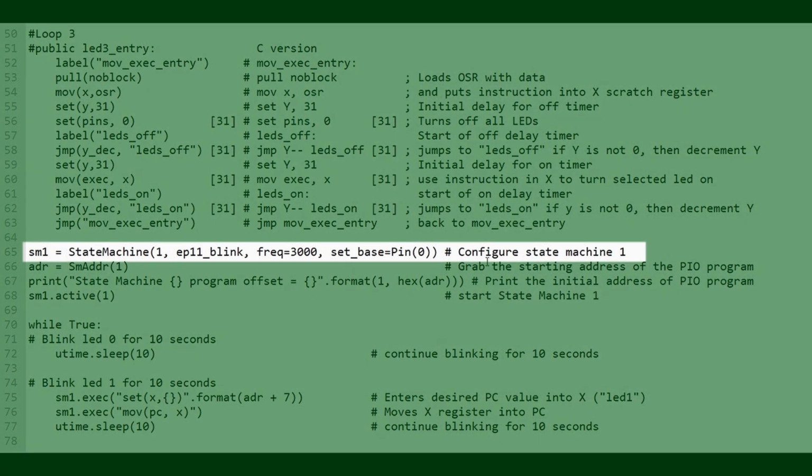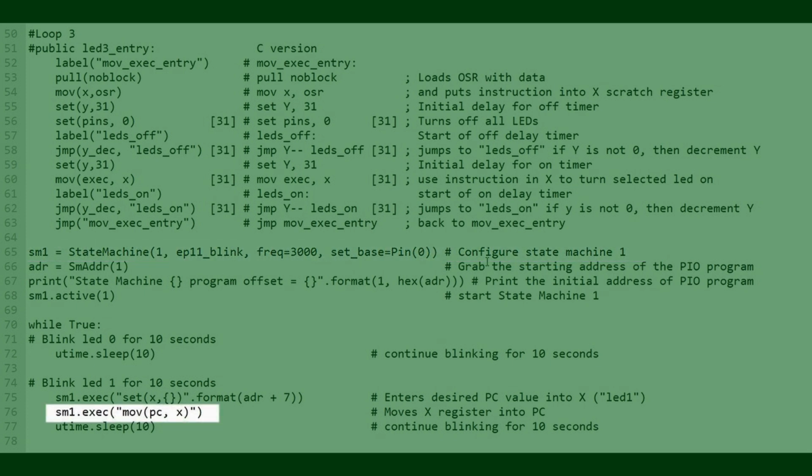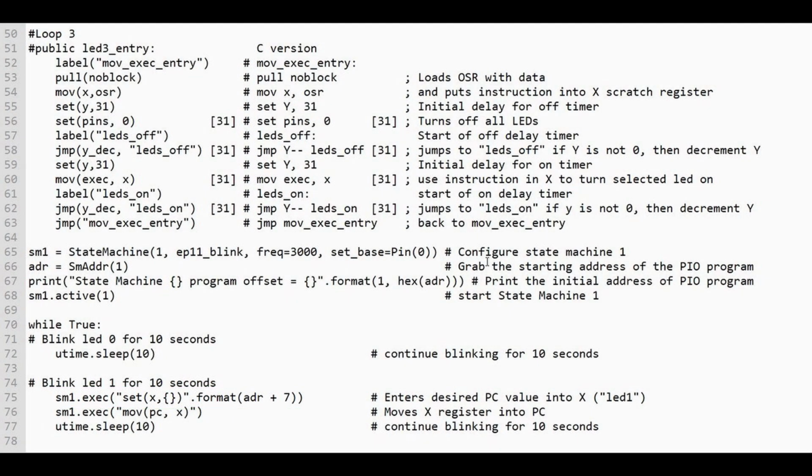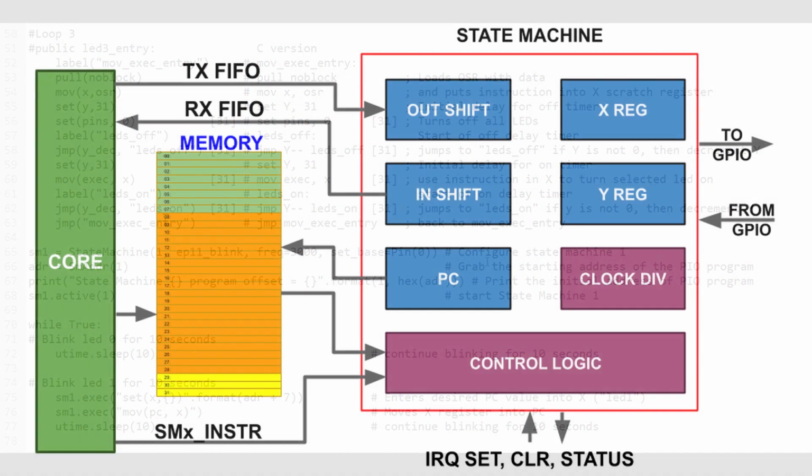In this program, sm1 is the class specified by the decorator, and the sm1.exec packages the instruction for execution by the PIO. The instruction is contained within quotation marks and has the same format as the PIO MicroPython instructions. However, any variables are entered using a format similar to that of a print statement. Unfortunately, as I mentioned earlier, jump is not supported at this time.